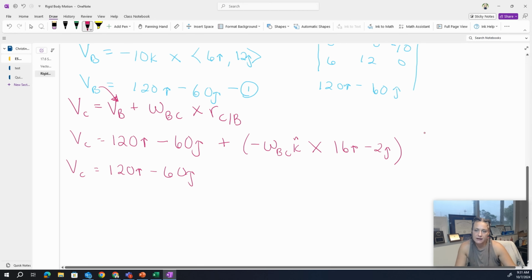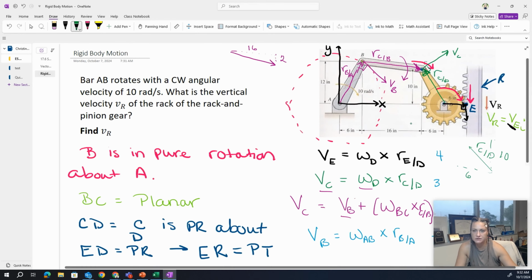And I'm going to say K cross I, so that's going to be minus 16 omega BC J. And then I'm going to say K cross J, which would be minus 2 omega BC I. Okay, so this is our equation 2. Now I have to do a different expression for VC. VC is on 2 rigid bodies.